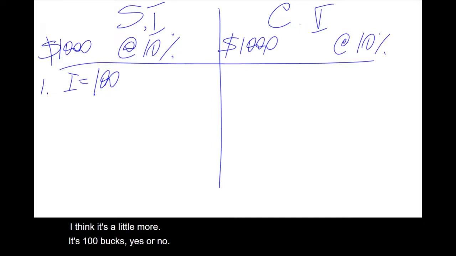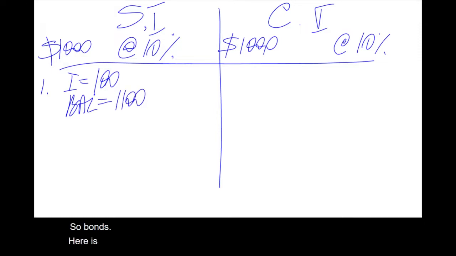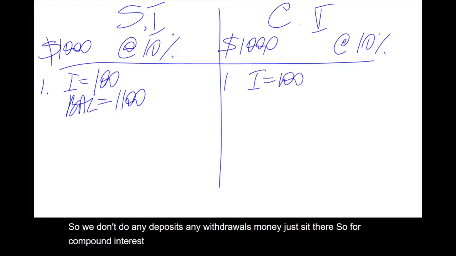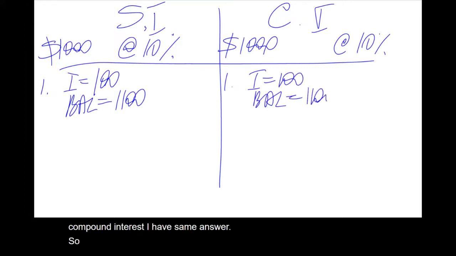Yes. Okay. Good. So balance here is 1,100. We don't do any deposits or withdrawals. Money just sits there. For compound interest, I have the same answer. So for the first year, nothing really different. Let's see what year 2 says.